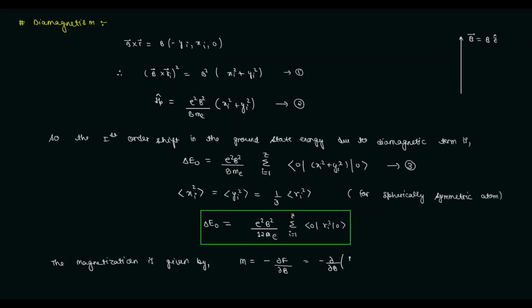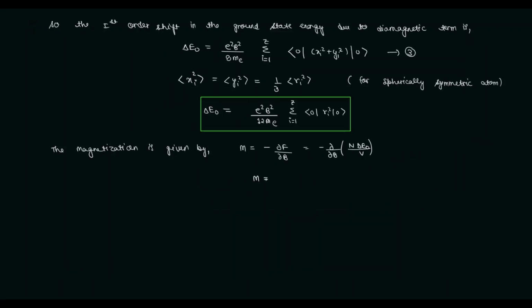So therefore this magnetization will be given by this, and differentiating this with respect to B will give you minus n e² B divided by 6m V, and then summation over all electronic states, then the expectation value of r_i².